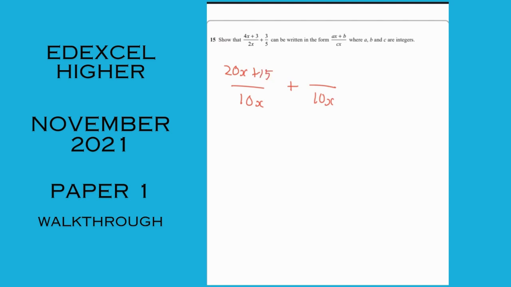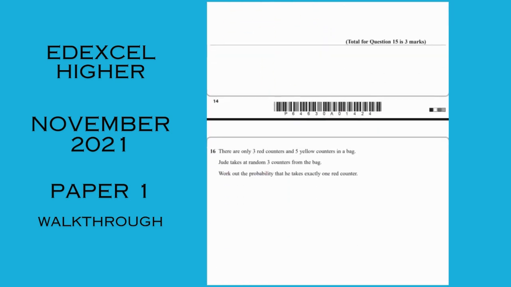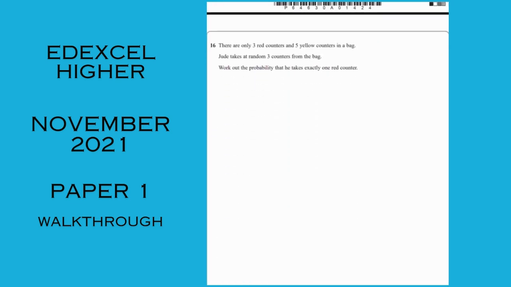On the right-hand side, we have multiplied by 2x. So there we go, and now we just add the tops. 26x plus 15. We're done. There is no common factor of all those three numbers, so it doesn't cancel.